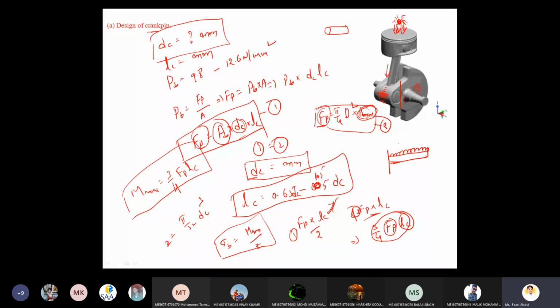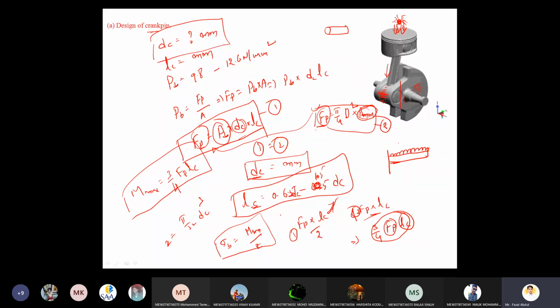If the gas pressure is given, easily we can find out Fp, substitute, and get the Dc value. If the maximum pressure is not given, we are just assuming, not calculating, the Dc value. After assuming, automatically we'll get the Lc value because this is a range.